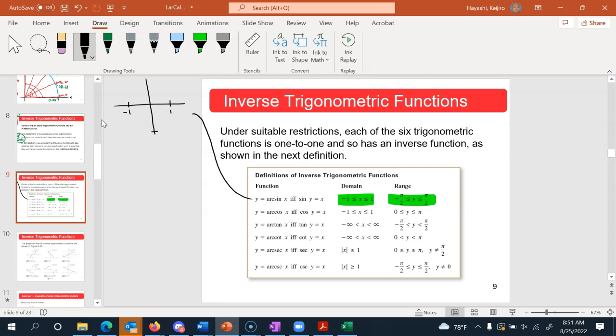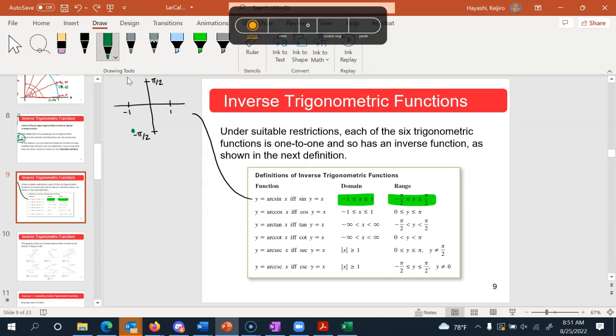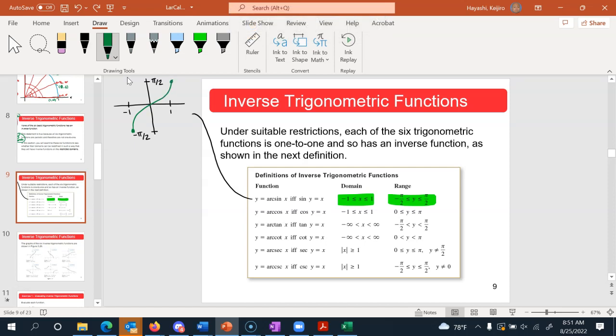And the range went from negative pi over 2 to pi over 2. And it did so in this sort of way, sort of sideways sine function. If you sort of tilt your head and then just sort of let that continue, you can see how it came from the sine function.